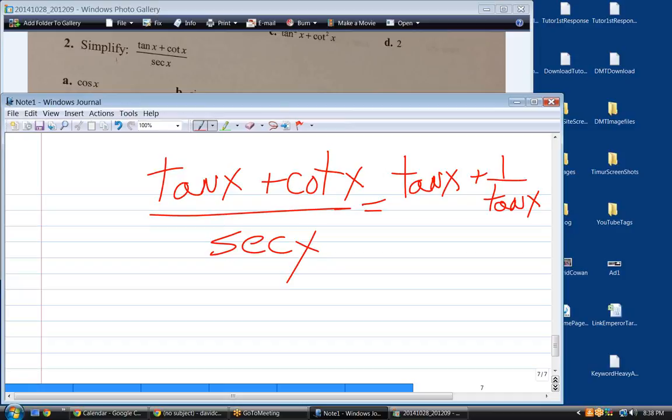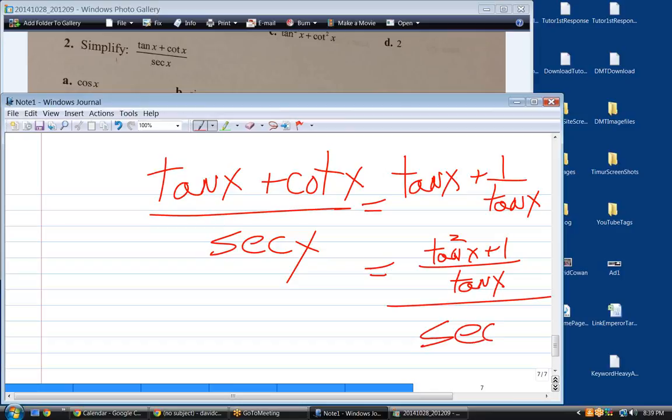That turns into secant, which is particularly magic because we have a secant in the denominator. So this numerator turns into tan squared of x plus 1 over tan x, divided by secant x. Well, that's secant squared. Flip and multiply, and I have secant over tan.